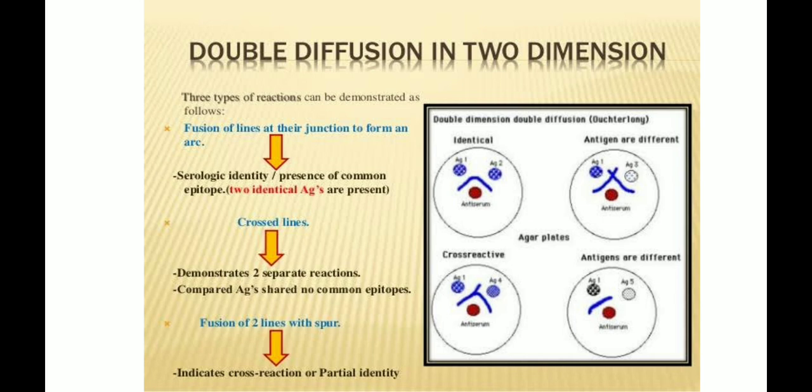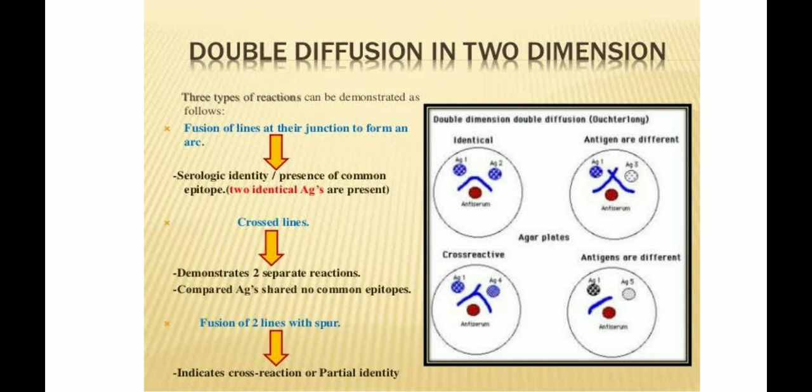Agarose is here a simple one. So both are moving, and since both are moving, they will form a line. You can see in the first case there is a line because it's a band of precipitation. But in double diffusion in two dimensions, since many antigens and many antibodies are used, there are different lines and they have different meanings.